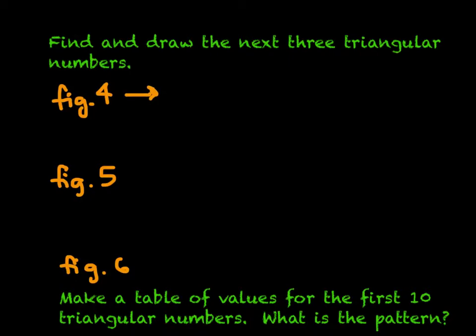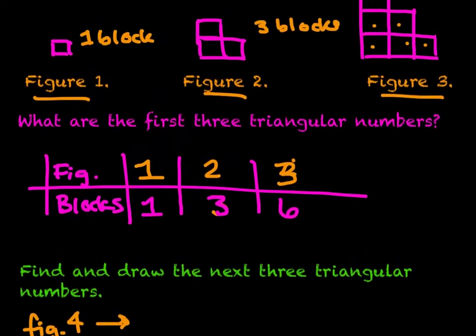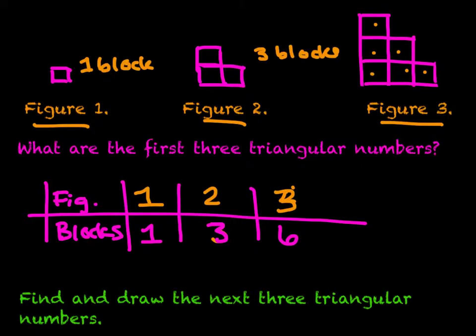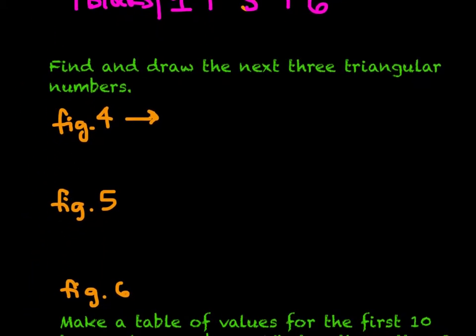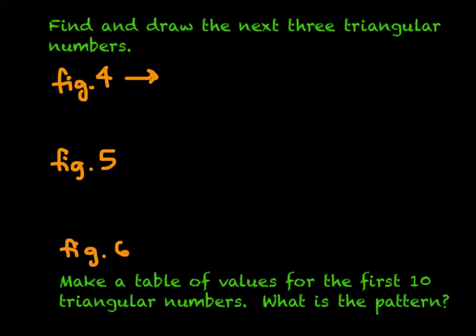What I noticed in our last figures: for figure 1, there was simply 1 block. For figure 2, it was a 2 by 2 across the bottom and the top, or base and height, I should say. In figure 3, we had 3 by 3. So my fourth figure is going to be the same sort of thing. It's going to be a 4 by 4, and I'm going to stack the blocks smaller and smaller by 1 on each step.